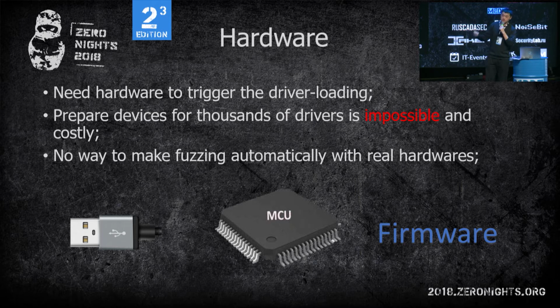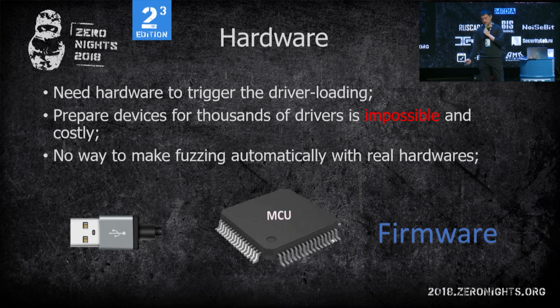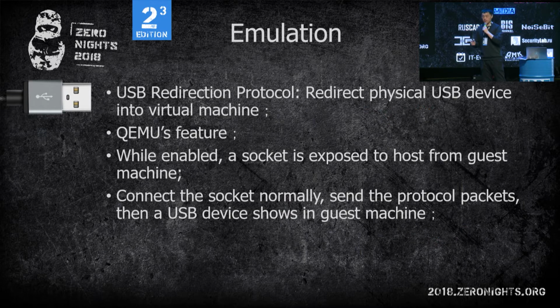All the information and functions are embedded in the firmware and run by the microcontroller. When your USB host tries to gather some information from the USB device, the microcontroller does some calculation and sends the data back. But we cannot prepare a USB device for each USB driver, it is impossible and costly. So we have to find a way to make it, and we do emulation.